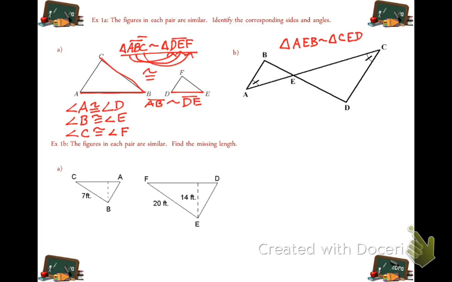BC is similar to EF. Now if I look, the last of the sides is AC. AC would correspond to DF. So that's how you could do it for that one.